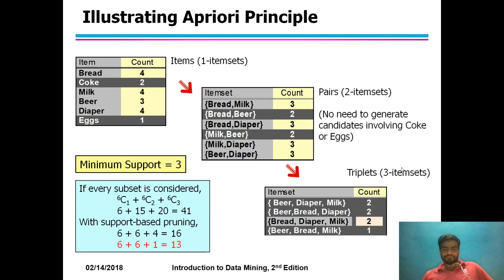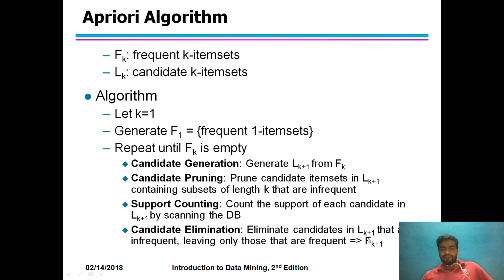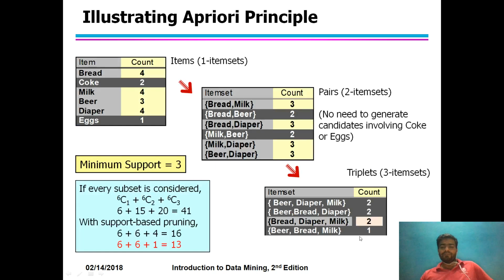Triplets: beer diaper milk count is 2, beer bread diaper support count is 2, beer bread milk is 1. So this is the final triplet, the 3 item sets which are found to be frequent.